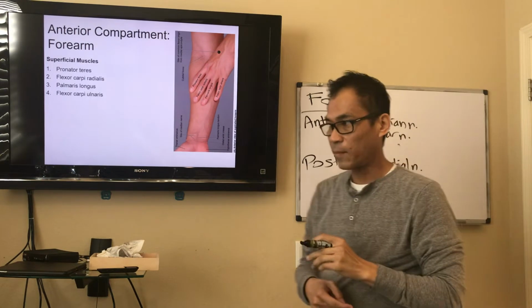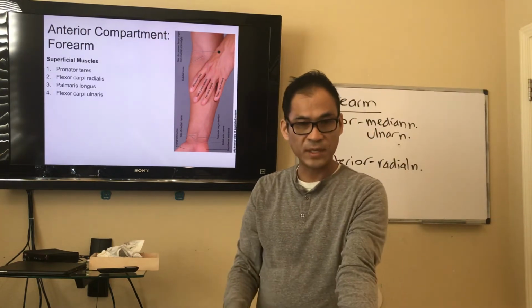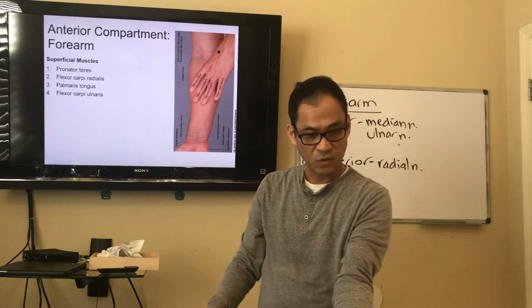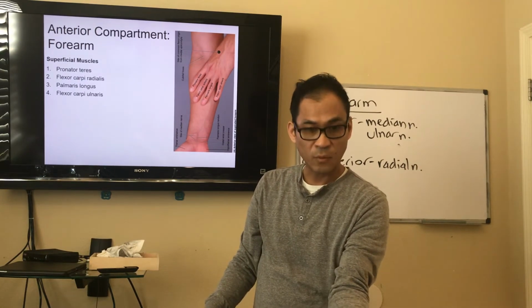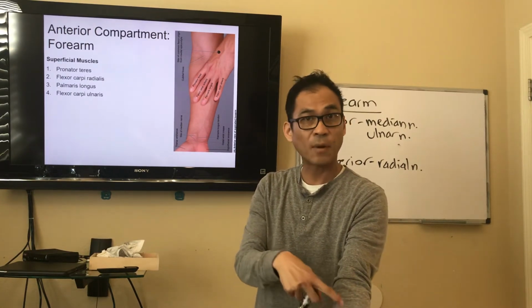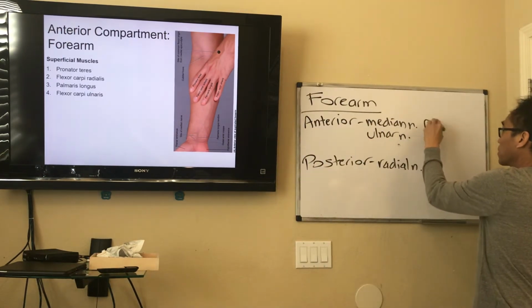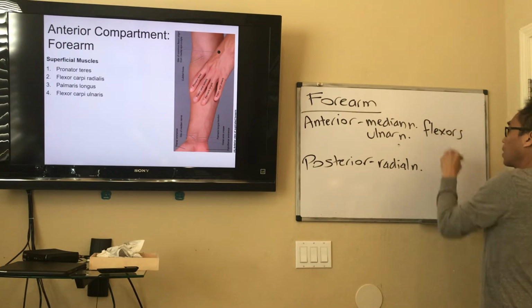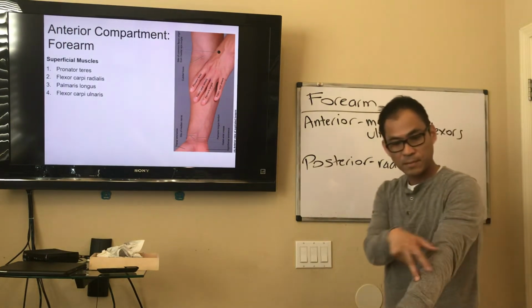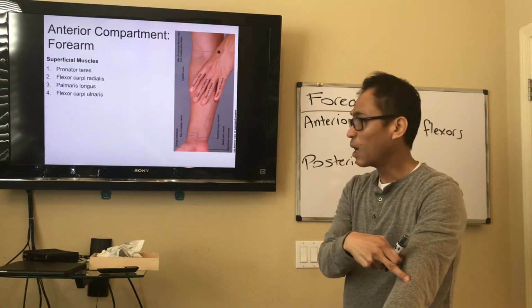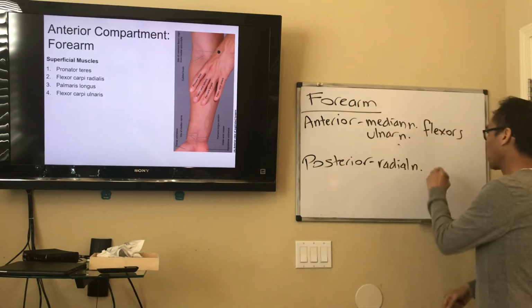The anterior compartment, basically right here, when we did the EMG of that compartment and you clenched, we call these the flexor compartment. So the anterior compartment are flexors. The posterior compartment, when you extend your fingers, that's this compartment. These are extensors.